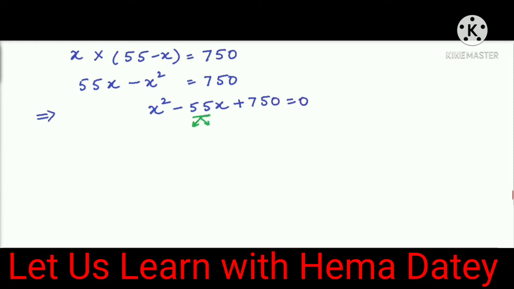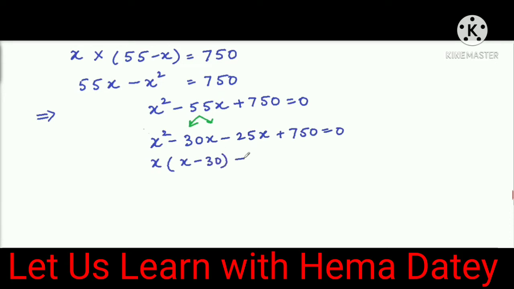Now we split the middle term minus 55x. We get x square minus 30x minus 25x plus 750. We take x common from first two terms and 25 from last two terms.